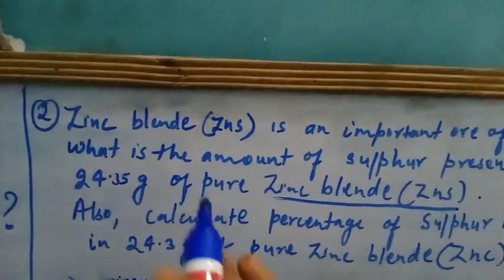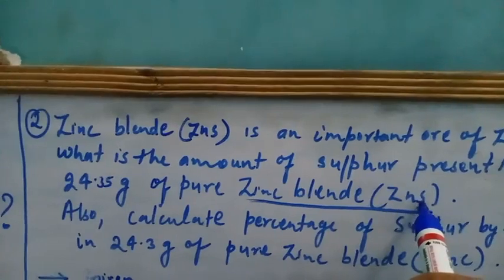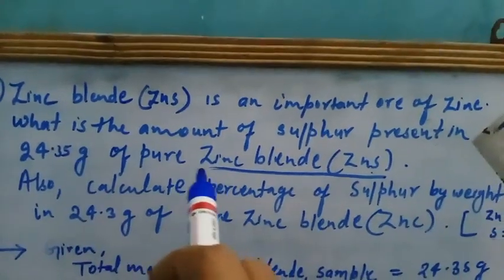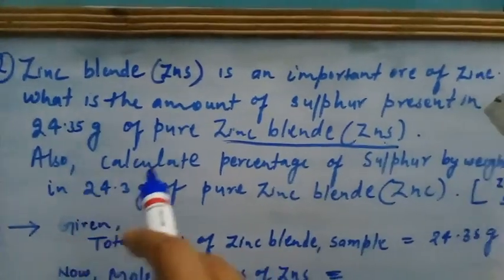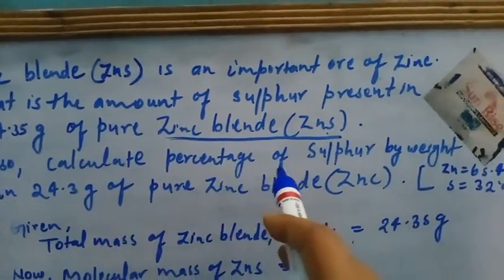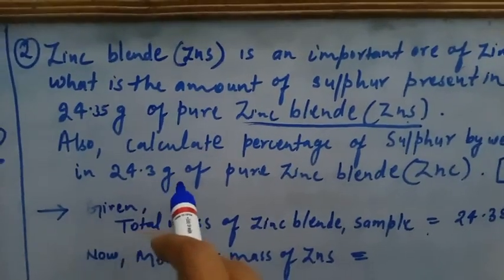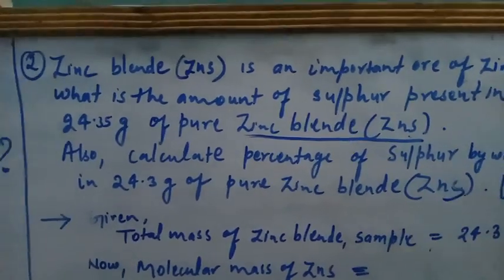The question asks us to find the amount of sulfur present in 24.35 gram of pure zinc blend, and also to calculate the percentage of sulfur by weight in it.